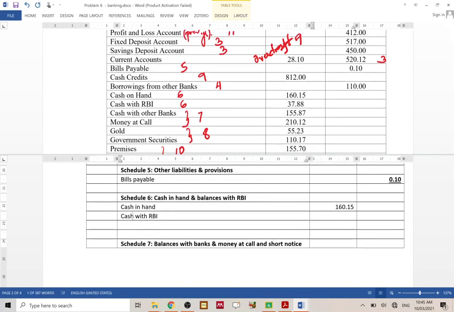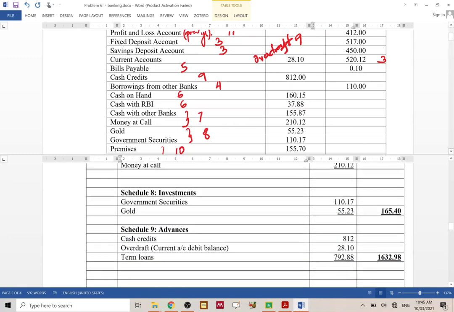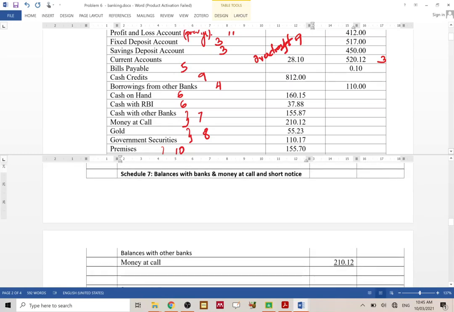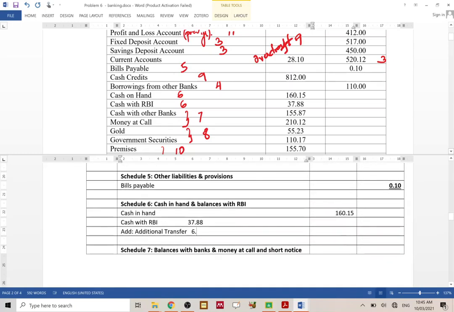It is 37.88. To this I will add the additional transfer, which is, let me calculate, the balance is 6.73, right? Yes, so 6.73.